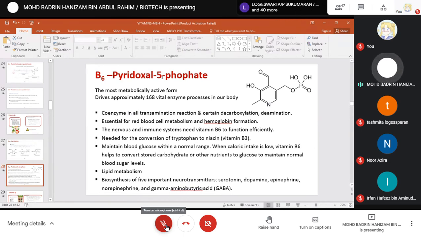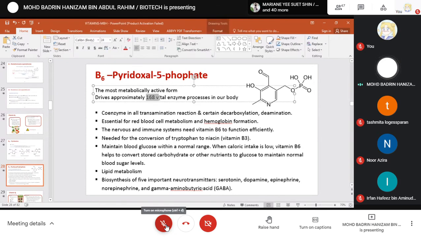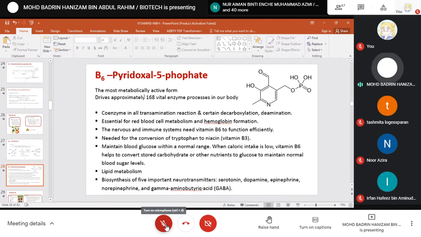So they found out that pyridoxal phosphate is the most metabolically active form. By taking all of these markers for the 168 vital enzyme processes, for example, transamination, decarboxylation, all of these enzymes require pyridoxal 5-phosphate. So that's why they concluded that this is the most metabolically active form of vitamin B6. So there's a lot, 168.